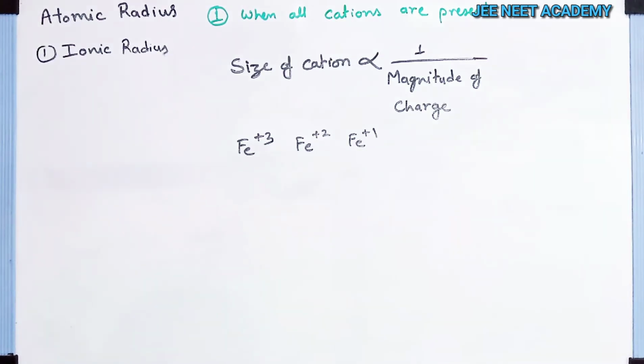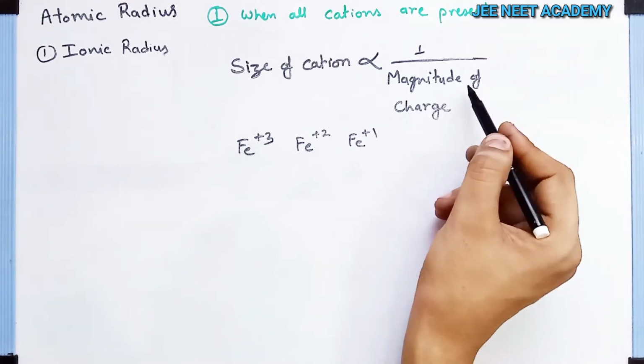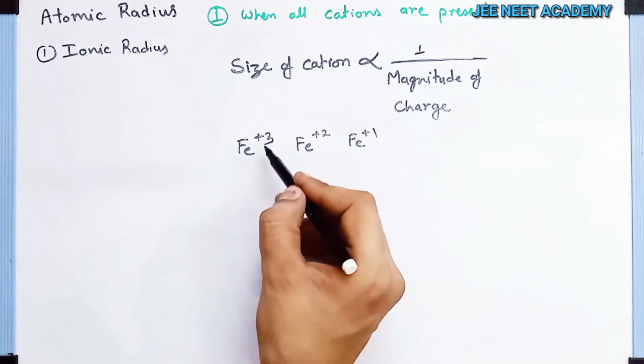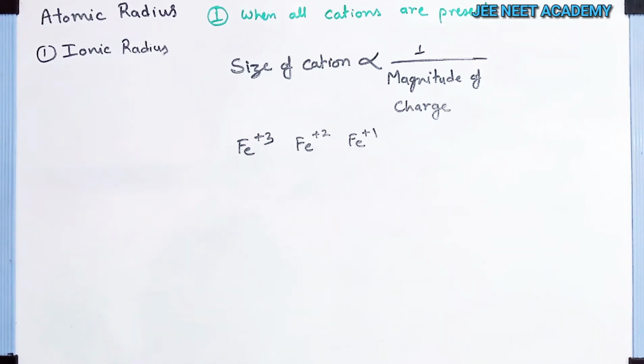Here all the cations are from iron only. So the size of cation here is inversely proportional to the magnitude of charge. Where is the highest charge? Plus 3, then 2, then 1.